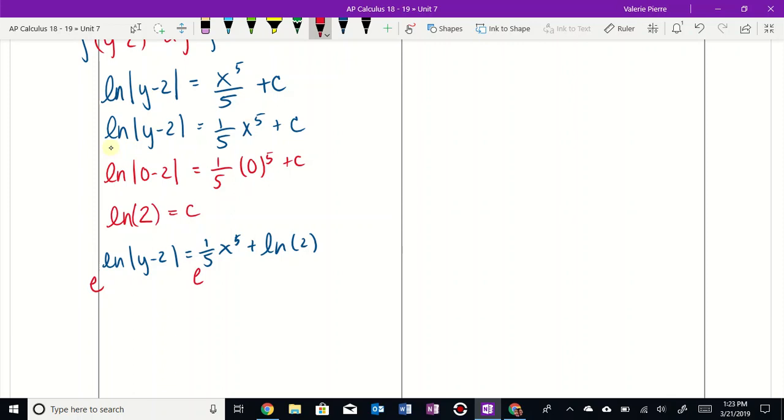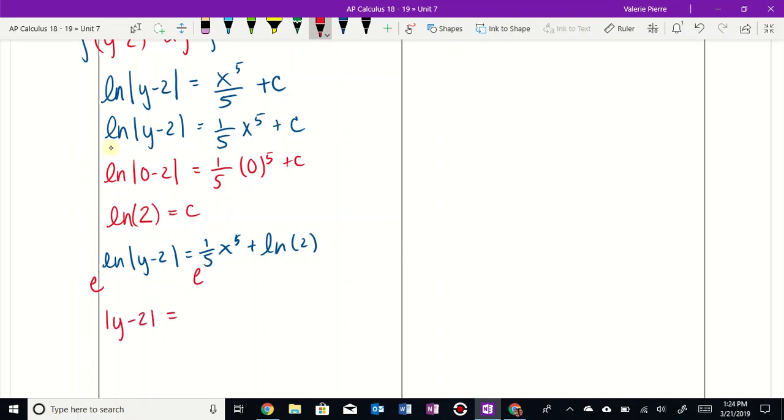So we have e to the ln y minus 2 is equal to e to the 1/5 x to the 5th plus ln of 2. Now, properties of exponents tell us that e and ln cancel each other out. So on the left side, we just have the absolute value of y minus 2.